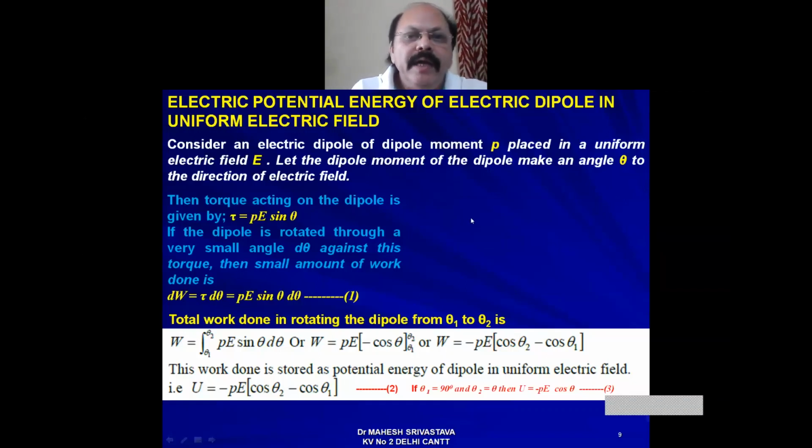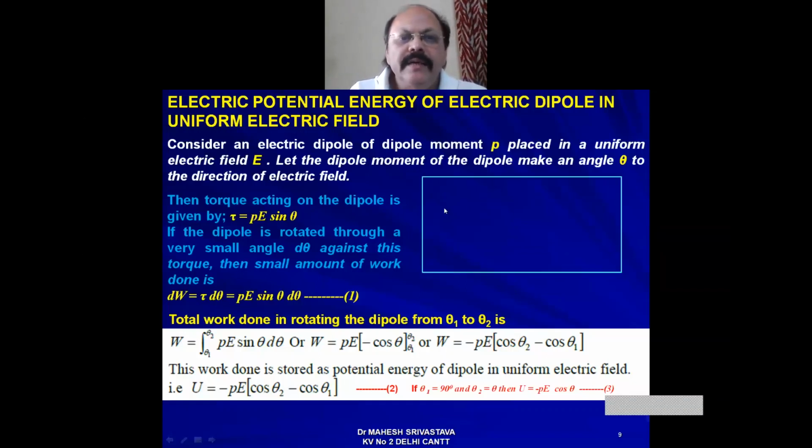Now another topic is electric potential energy of an electric dipole in a uniform electric field. For that purpose, we consider an electric dipole whose dipole moment is P placed in a uniform electric field.